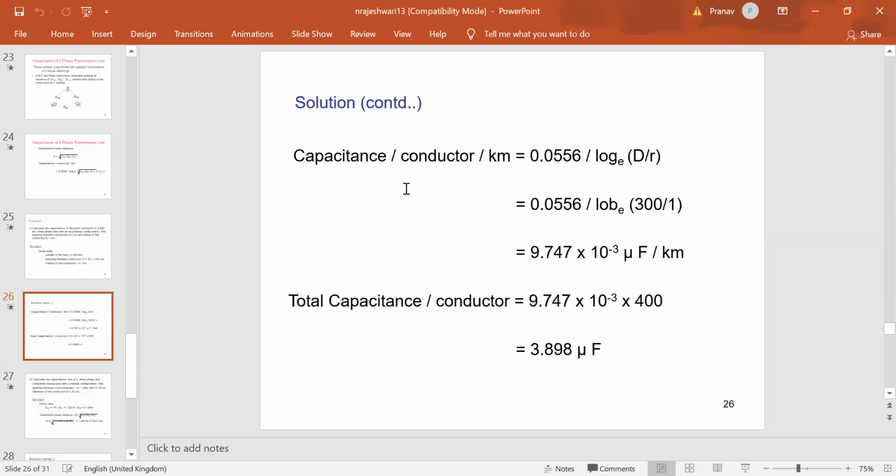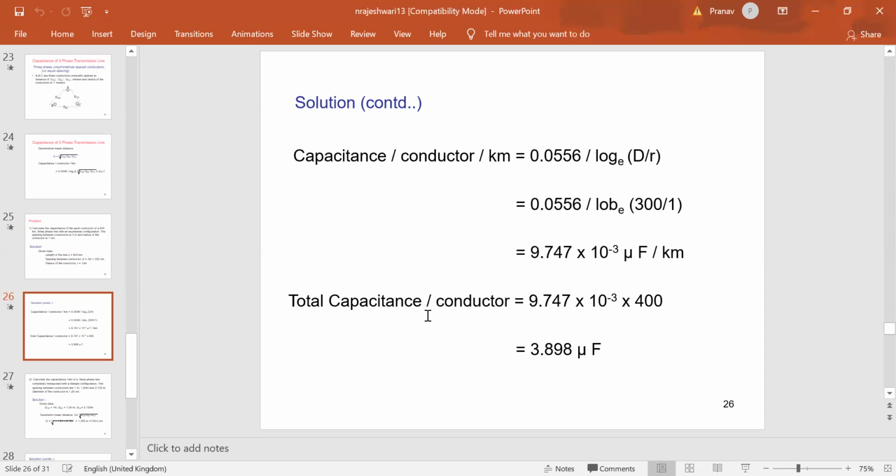And the radius of the conductor, small r, will be 1 centimeter. Capacitance per conductor per kilometer will be given by the formula 0.0556 divided by log D by r. So this is the formula for capacitance per conductor per kilometer. So in that, 0.0556 divided by log of 300 by 1. By simplifying this, we'll get 9.747 into 10 to the power of minus 3 microfarad per kilometer.